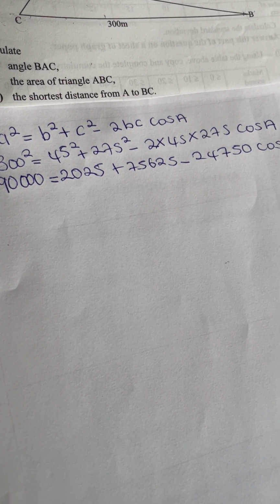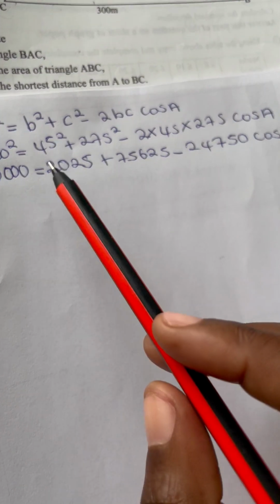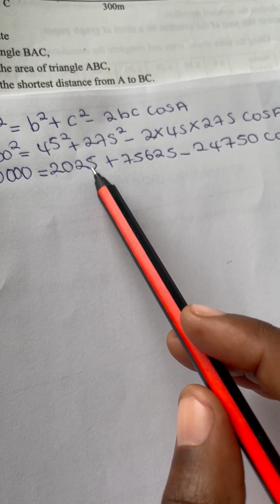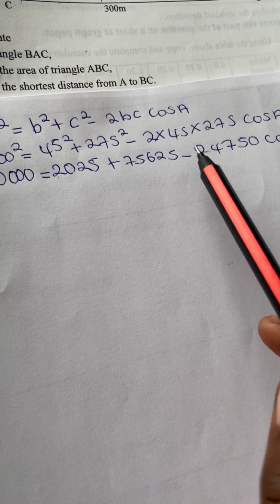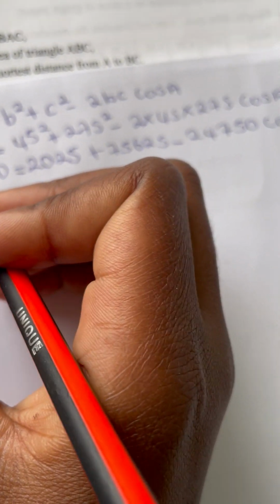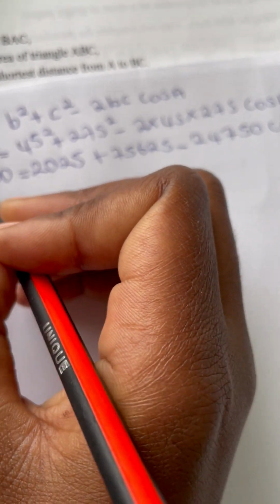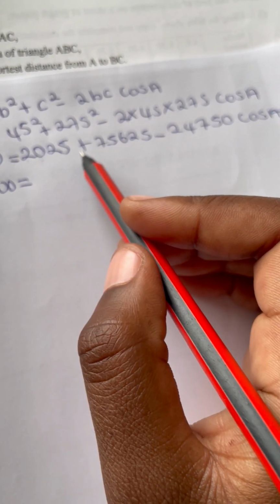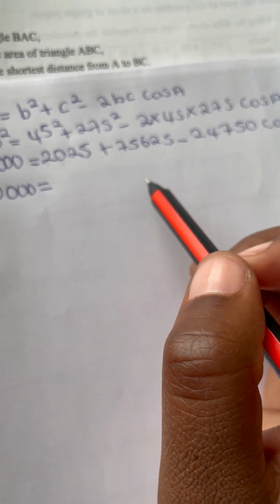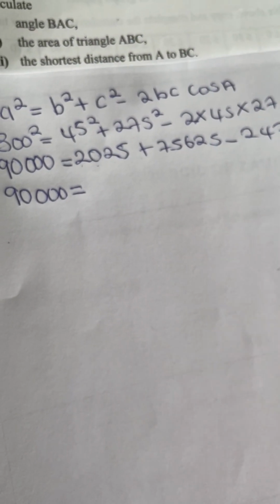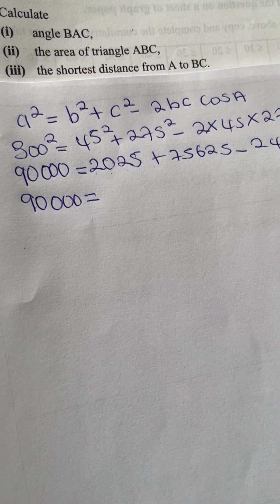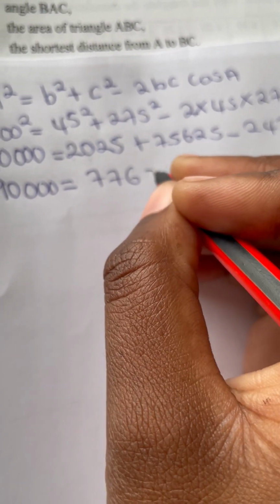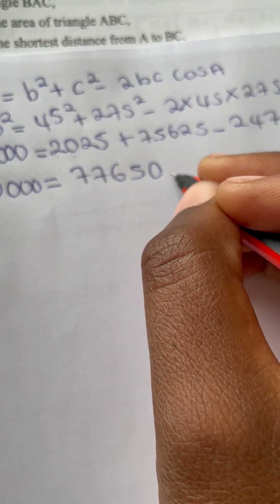Okay. So when we have this, we can now add these two. So we can add these two, that is 2025 plus 75,625. So you add while the left hand side of the equation is maintained. So you write your 90,000 there. So what is 2025 plus 75,625? So the answer here is 77,650.